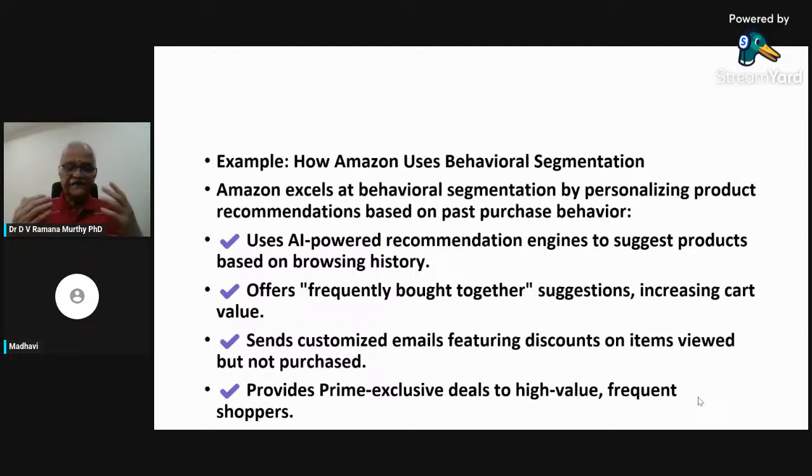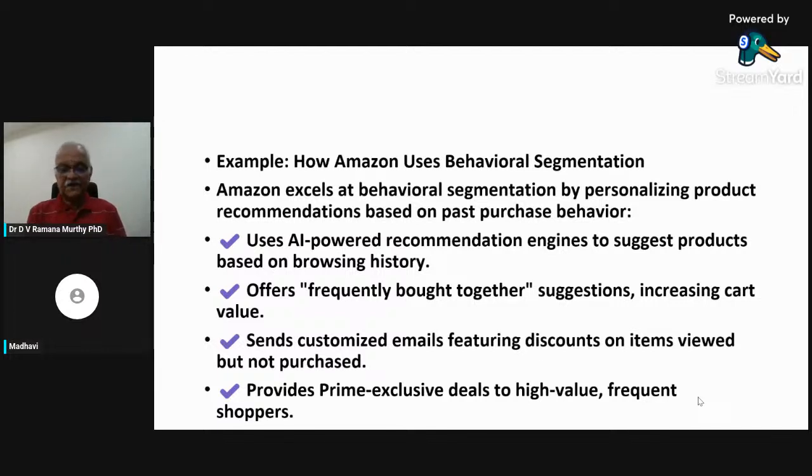So they send customized emails, because once we open the Amazon app, if you want to register for the Amazon app, they will be asking us for simple phone numbers and also email data. So based on that data that they have about the customers, they send customized emails featuring some discounts on items viewed but not purchased. You have already viewed this but did not purchase.